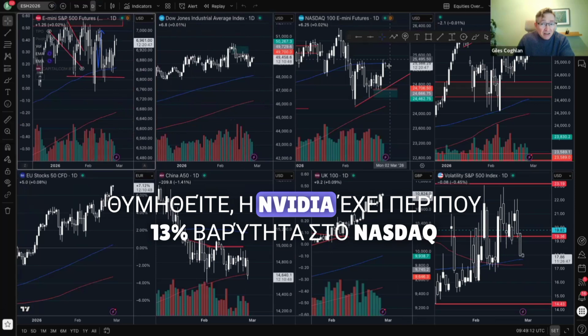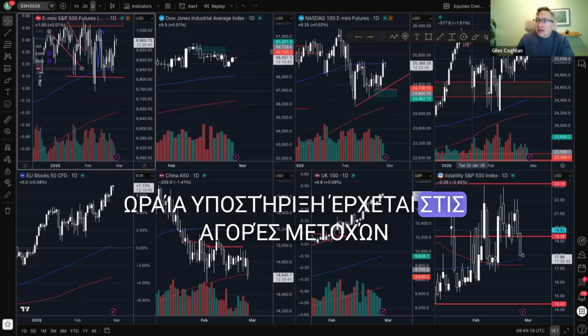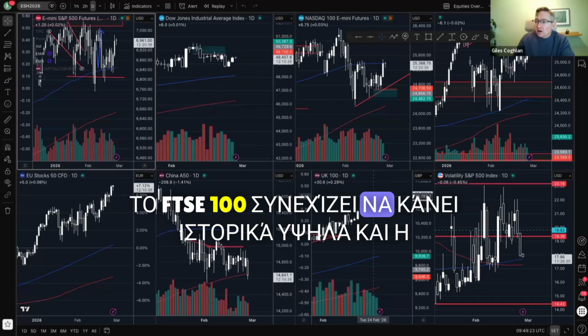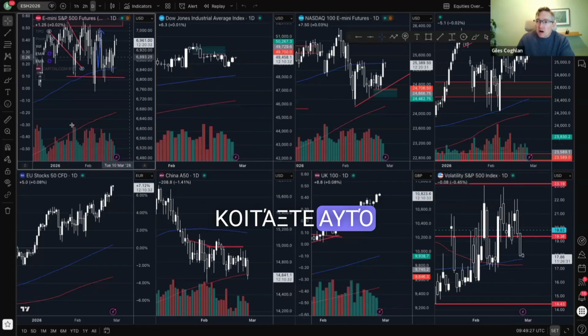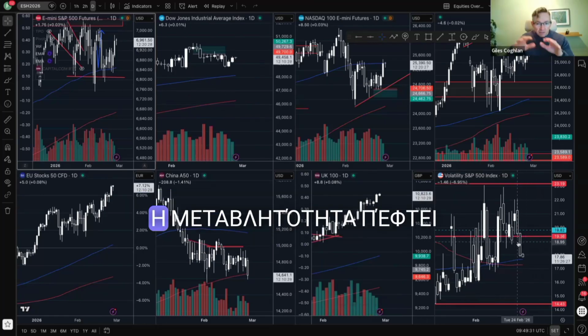Remember, NVIDIA has about a 13% weighting in the NASDAQ, so lovely support coming into equity markets. FTSE 100 continuing to make all-time highs and volatility dropping lower. So look at this: markets relieved post NVIDIA earnings, volatility falling.